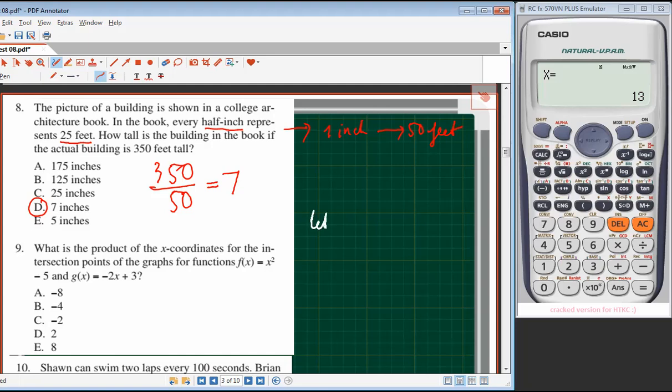We let the two equations equal. To find the common points, we put S squared minus 5 equal to minus 2 times S plus 3.